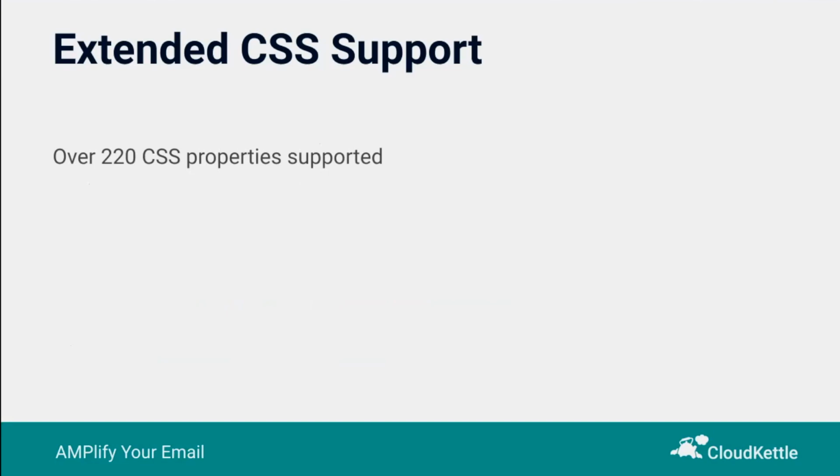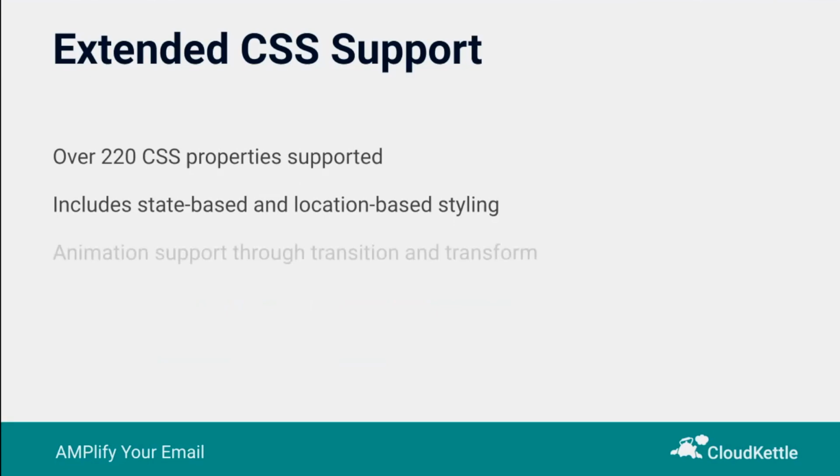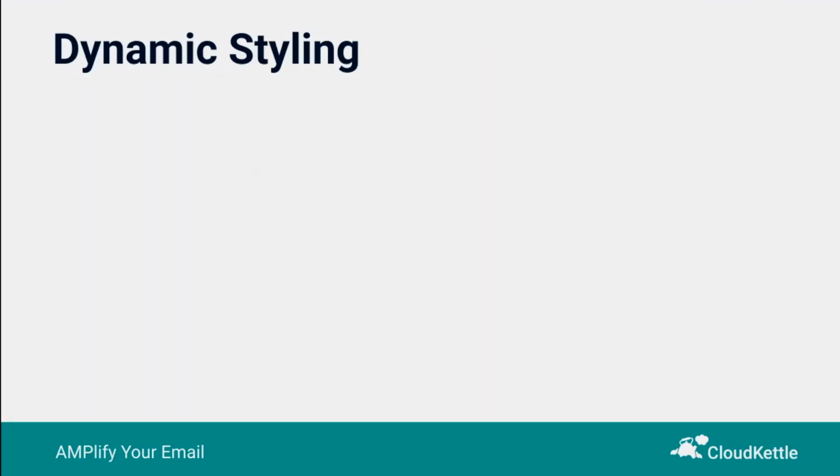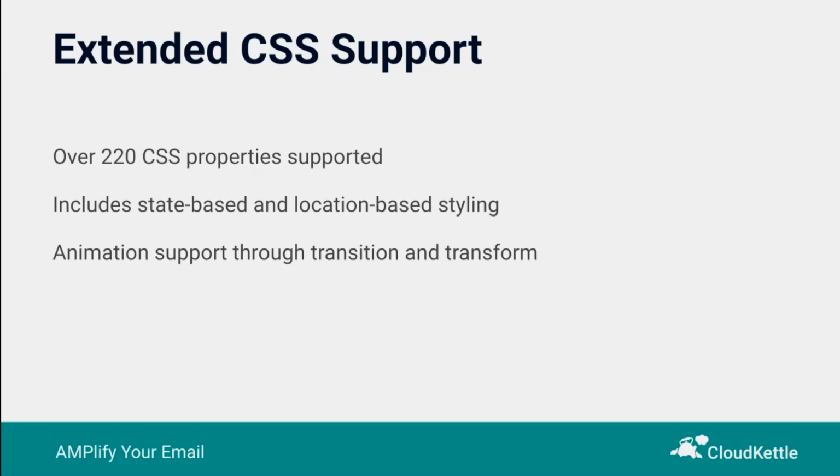AMP for Email addresses these challenges by defining a comprehensive specification on supported CSS features, which, in addition to a list of over 220 CSS properties, also includes support for common pseudo classes. Which enable state-based styling of elements, for example, when a user hovers over an element, while also enabling styling based on the location of an element, for example, setting the background color of odd and even table rows.